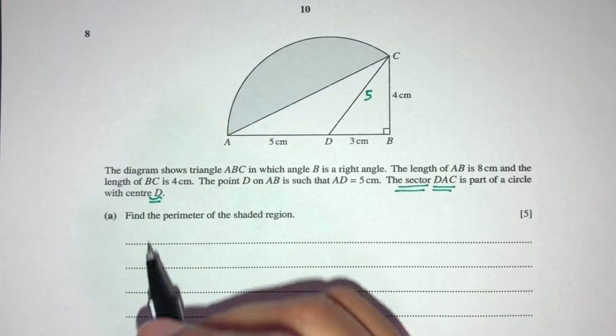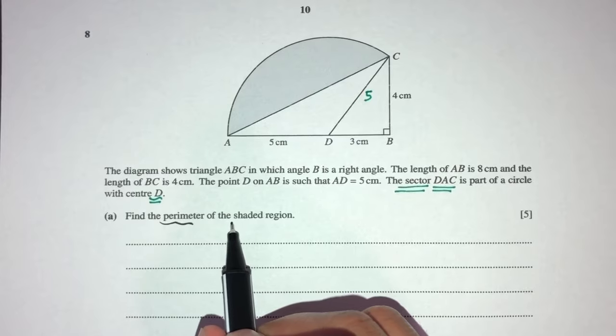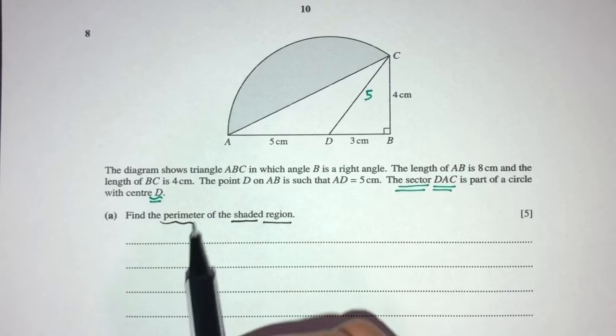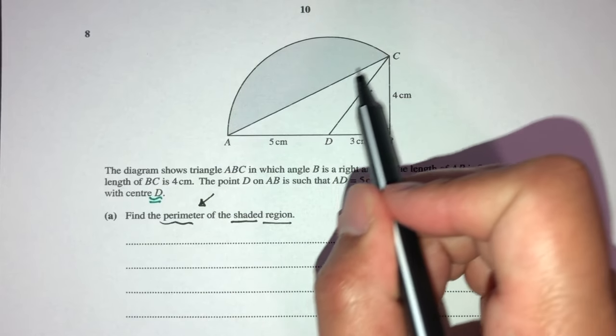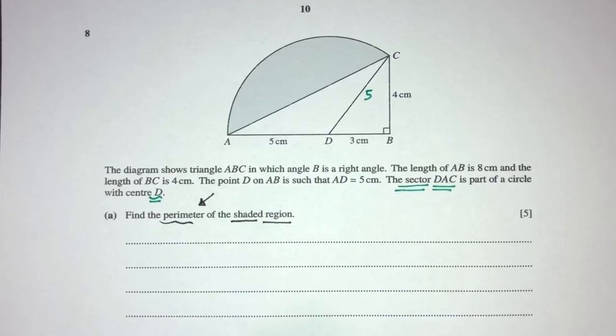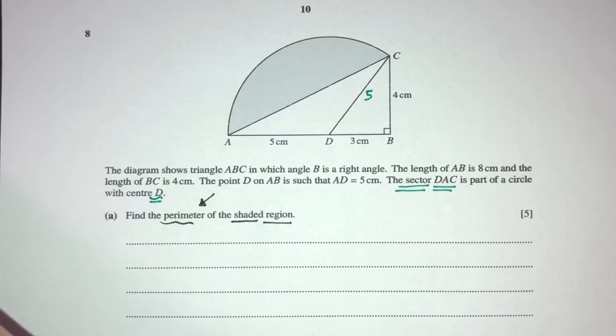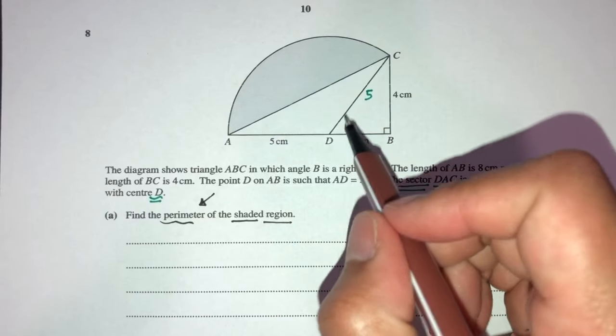Now, we have to find the perimeter of the shaded region. Now, this is simply the distance around the region, which is this and this. So how would you find that? So let's see what we can do to find that. So first thing first, let's find the angle over here.